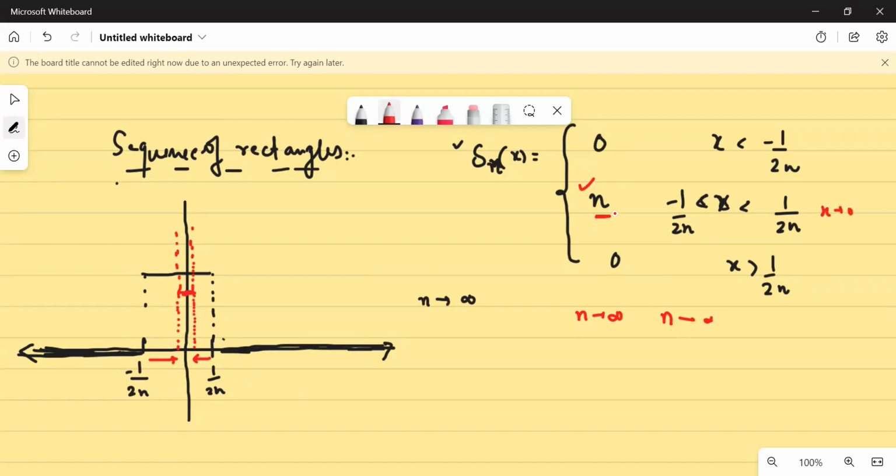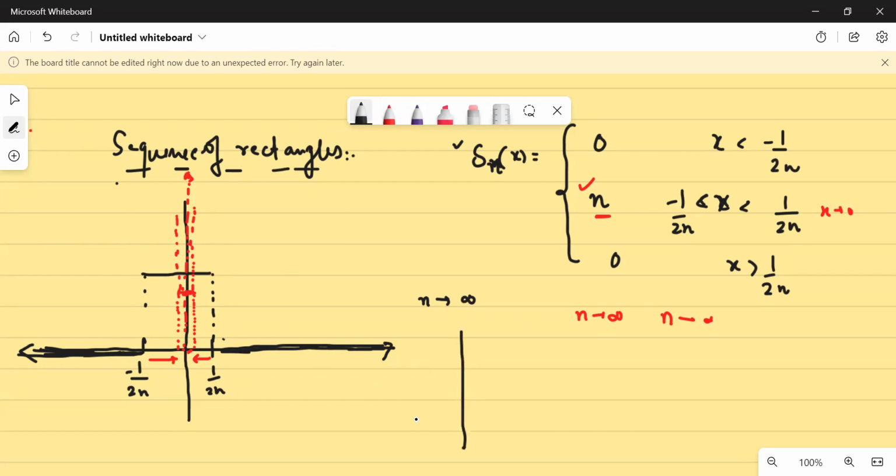So as x tends to 0, this quantity will keep on rising, and the functional value is getting closer to infinity. Is that clear? So this sequence of functions would eventually look like a Dirac delta function.